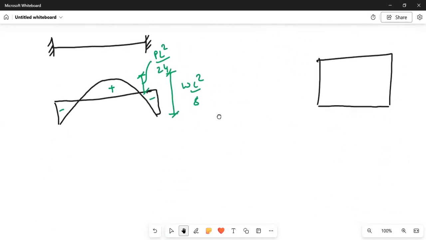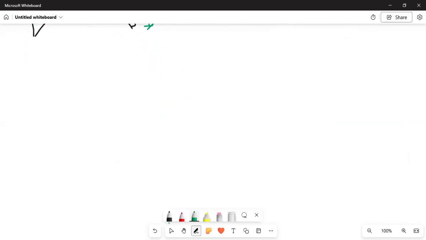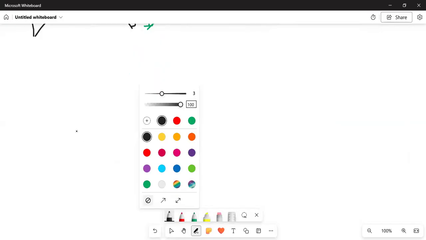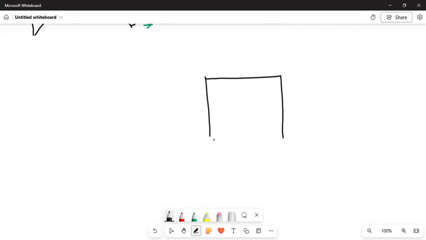Okay, you got this? Yes sir. So next we have direct tension. This is the bunker that you have, whether square bunker, rectangular bunker, whatever it may be.